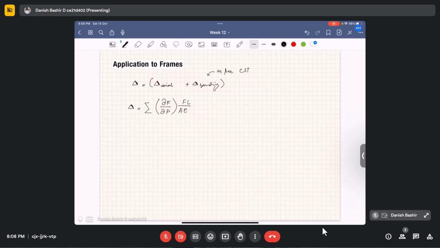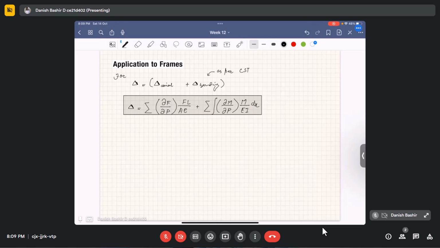Then we have to take the summation in frames because there will be a large number of beams: summation of the integral of dou M by dou P times M by EI. Hope you are able to understand this concept. It's very easy in frames because it's just the application of a combination of truss and beam members. This is for deflection, and the same for rotation.